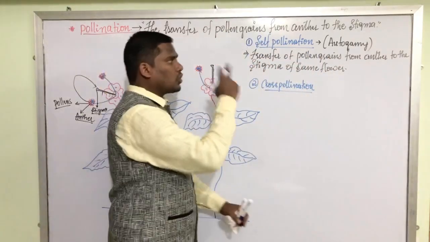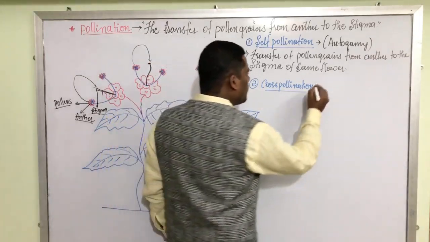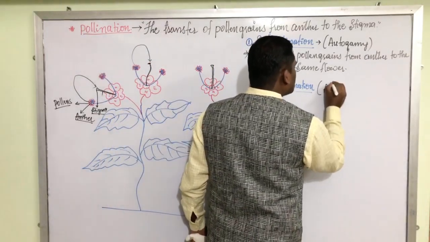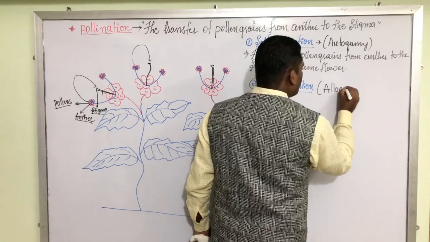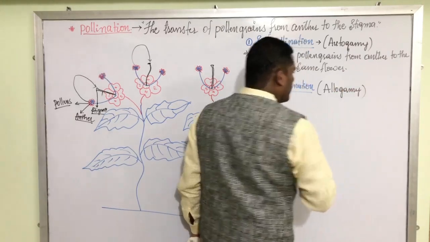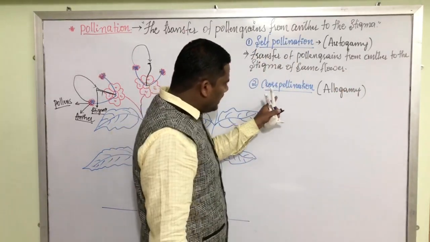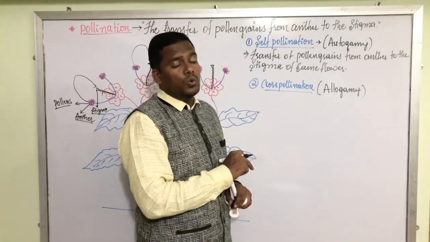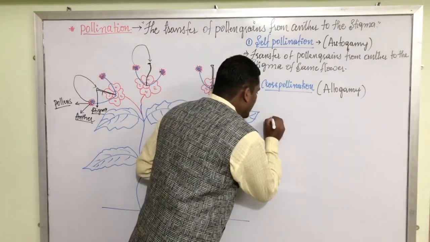Now, what is cross-pollination? Cross-pollination is also called allogamy. There are two types of allogamy.